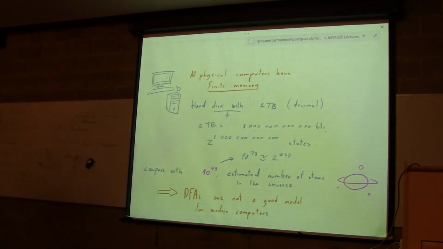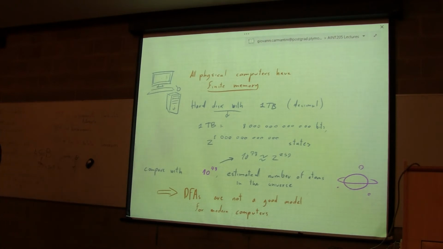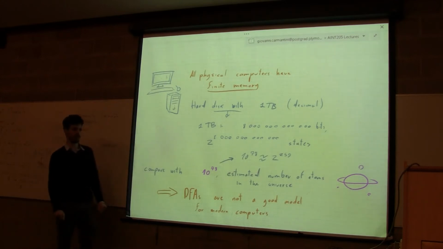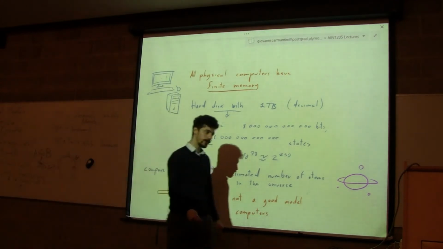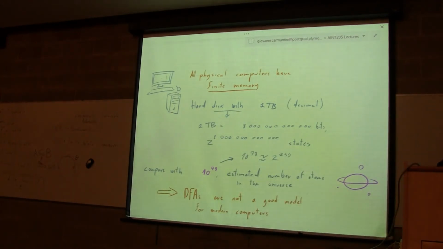So you could, in theory, model a computer with a DFA, and it could be useful for some problems. I cannot think of any, but maybe it could be useful to treat the computer as a DFA. But it's very expensive and probably won't lead you anywhere. So even if in physical reality most problems, or maybe all of them, require only a finite amount of memory to be solved, that doesn't mean that we should use DFAs for every problem.